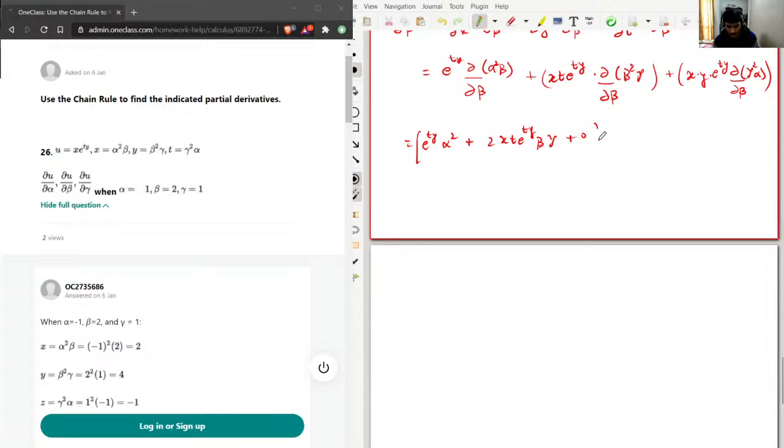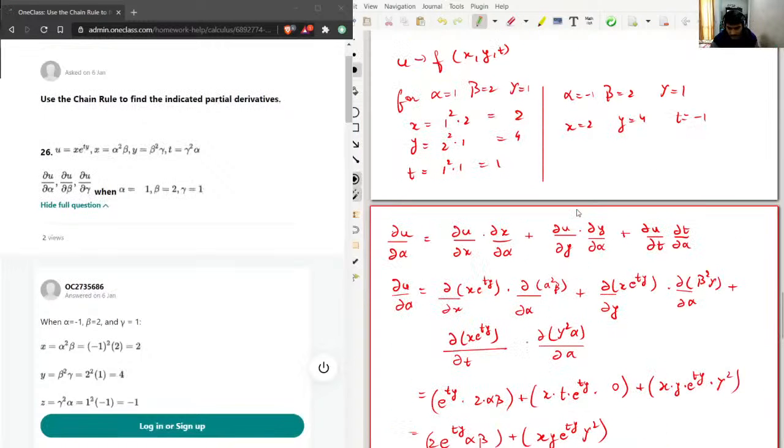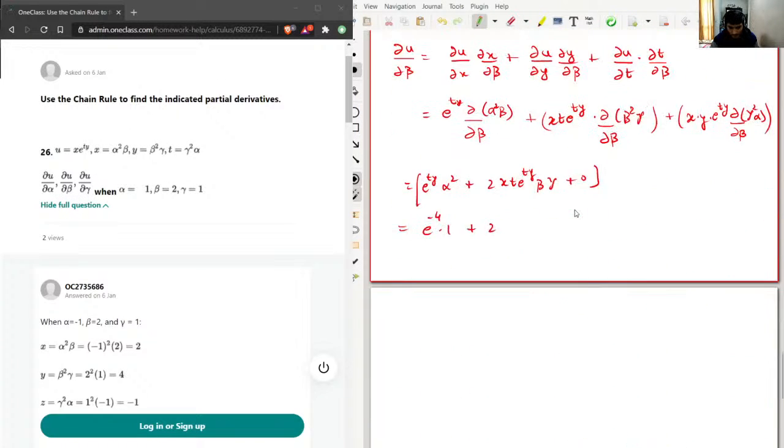So plus 0. Now again we'll put the values of alpha, beta, gamma and x, y, t. So e power minus 4, alpha square will be -1 square, 1, plus this will be 2 x. What was x? X was 2, y was 4. So x is 2 and then t is -1, then e power minus 4, beta is 2, gamma is 1.